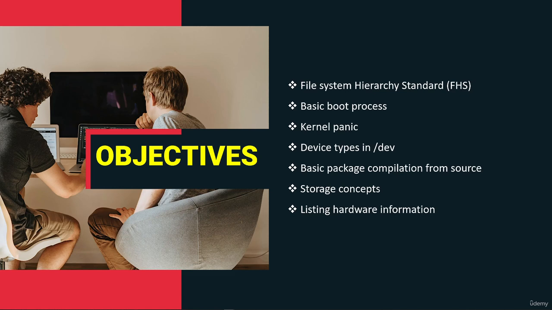So the one benefit to Linux is that everything is open source and falls under the GNU GPL license. Many packages are required to provide the source code, so the source code lets you build pretty much any binary that you would ordinarily install. You can build it from source code. We'll talk about some different storage concepts, and how to list out hardware information.